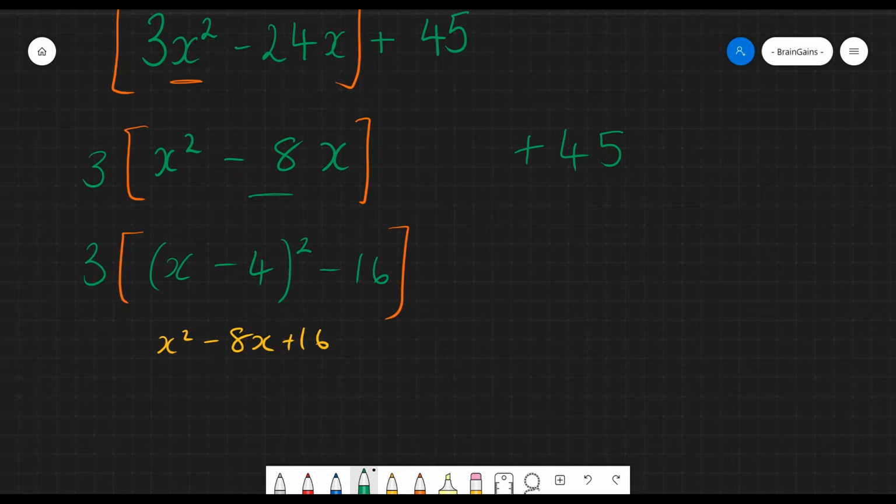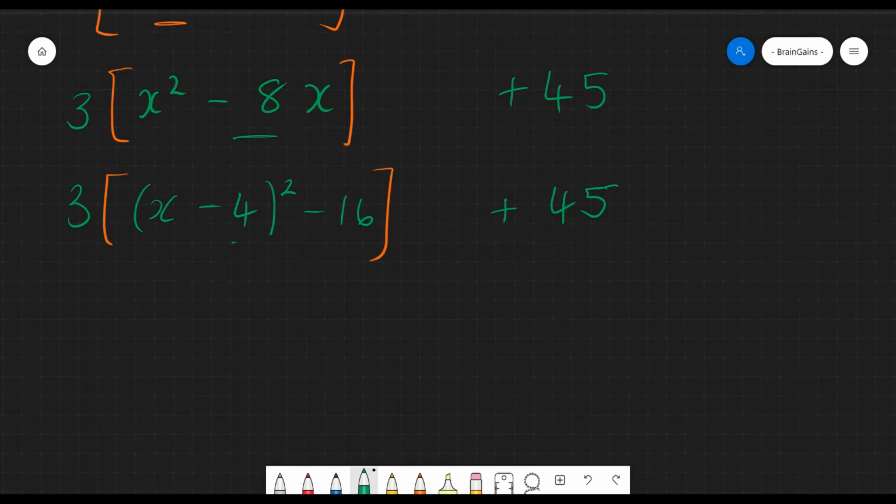In the case where it's a different expression, every time you'll notice that all you need to do is subtract the square of this number, and you will account for the constant term. Then after accounting for the constant term, you add 45 to the end.